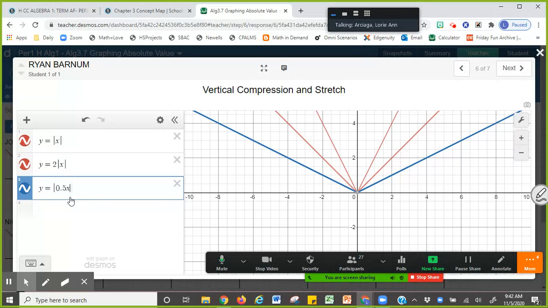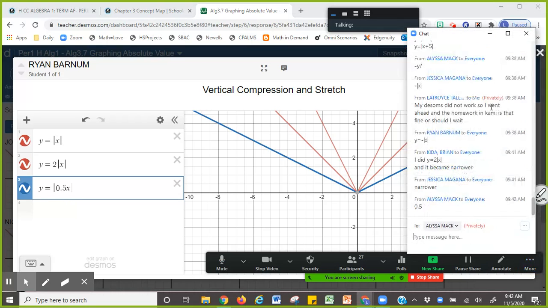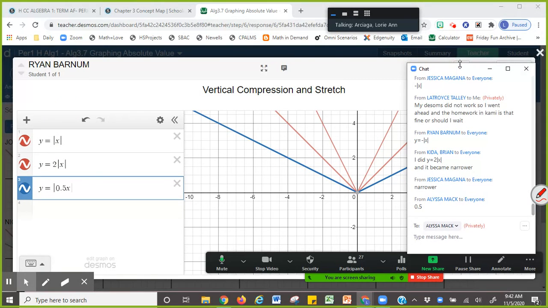Ooh, my other device got disconnected. So that means I have to open the chat over here. So 0.5. Very good, Alyssa. So if you use a number that's less than 1, then it will become a vertical stretch. We call it stretch because it's stretched away from the y.